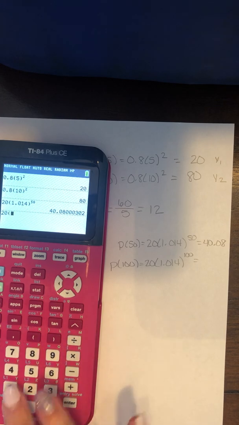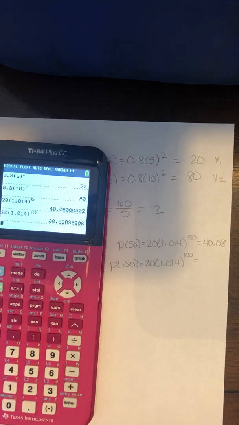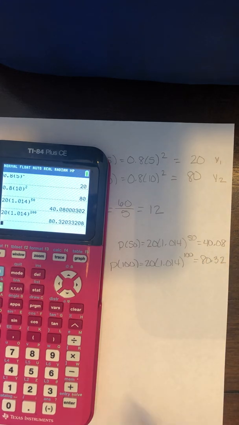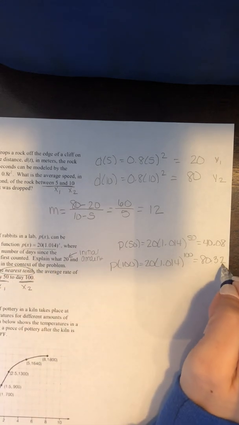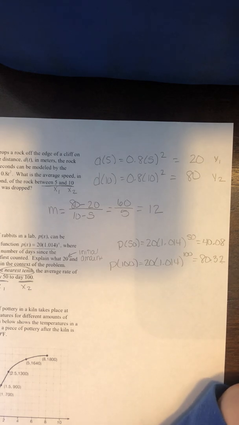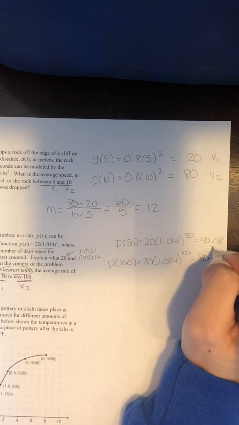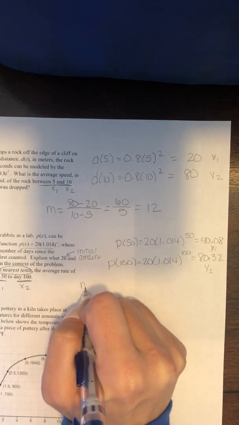And then 20 times 1.014 raised to the 100, and we get 80.32. And it says to the nearest tenth, so it's good to always go an extra decimal in the pieces before you round. So if this is x1, this has to be y1. If this is x2, this has to be y2.